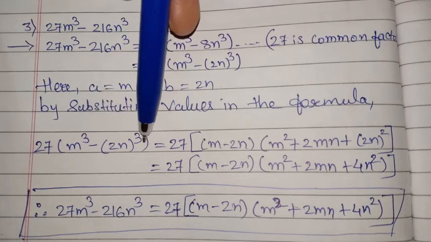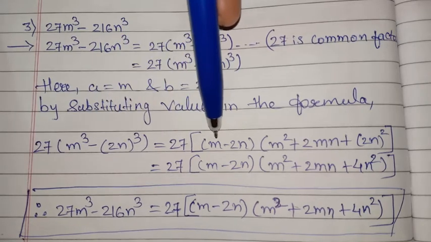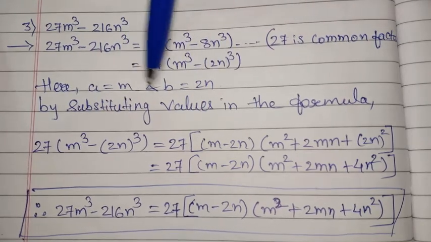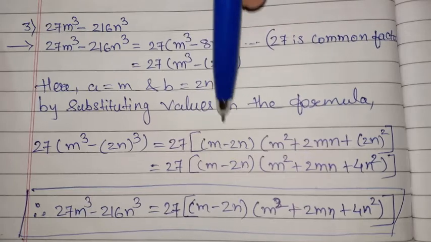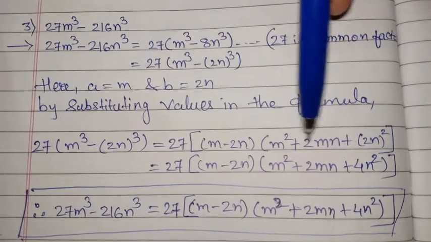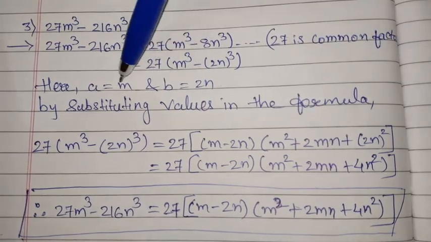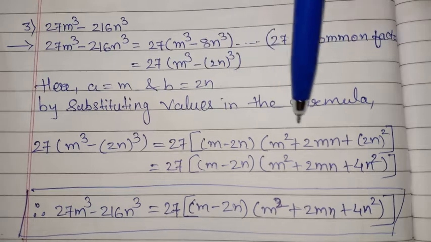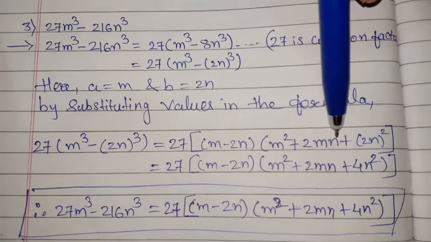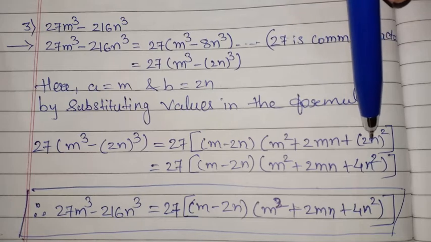What is formula? a cube minus b cube is equal to a minus b. So what is a? m minus b is 2n. Now a square is m square and plus ab. So m into 2n will become 2mn plus 2n square, that is b square.